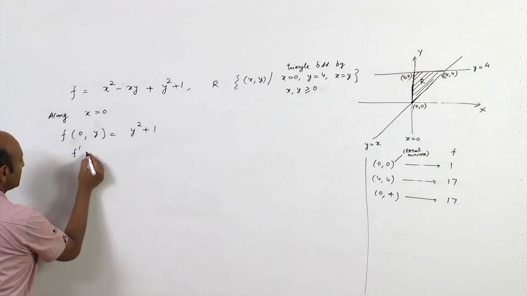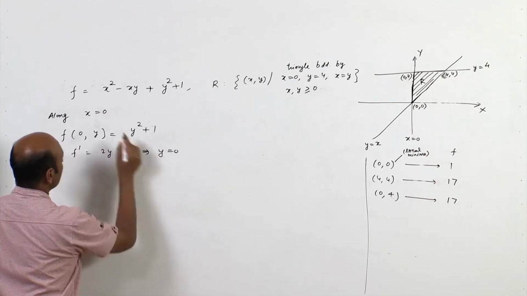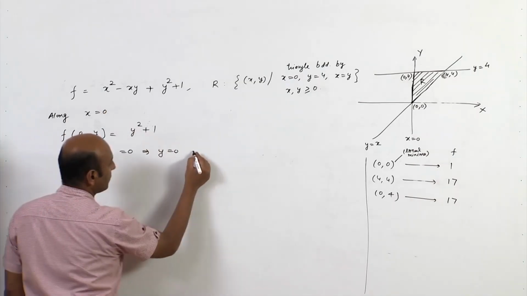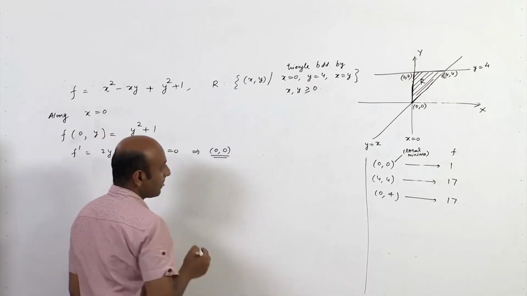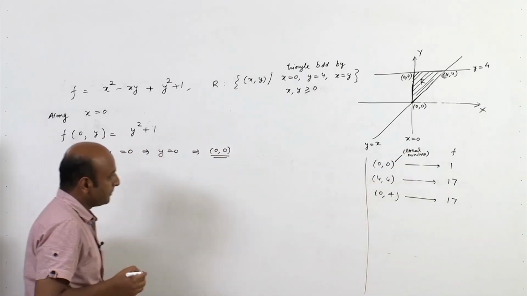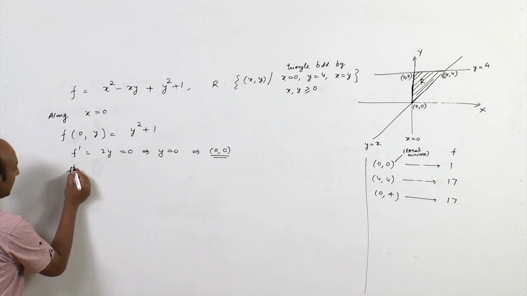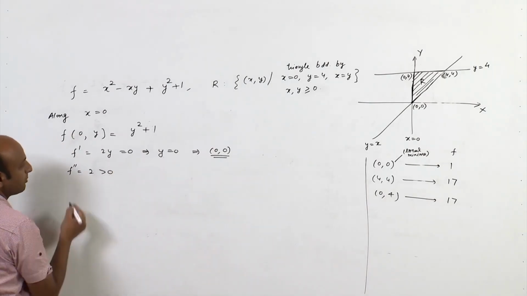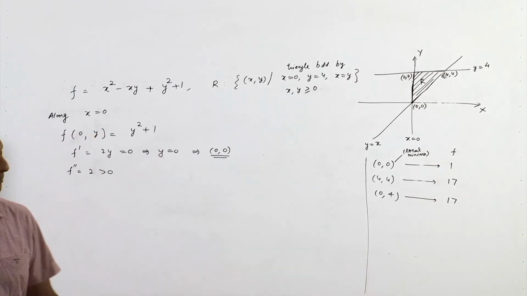The derivative is 2y equal to 0, which implies y is equal to 0. So 0 0 is the point, which we have already checked. The second derivative is 2, which is positive, so it is a point of local minima.